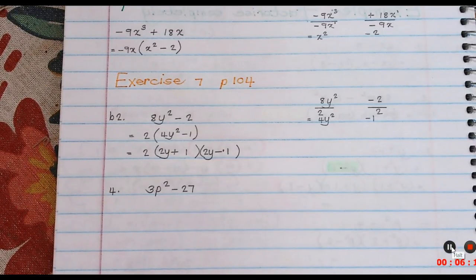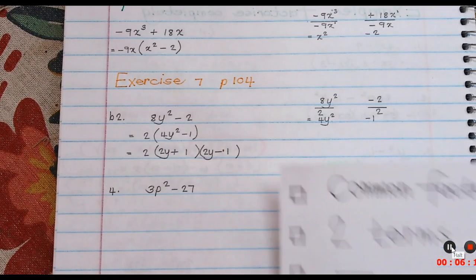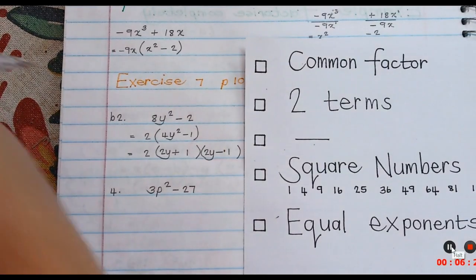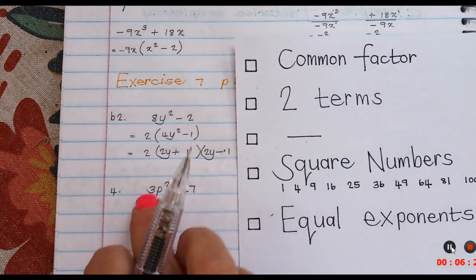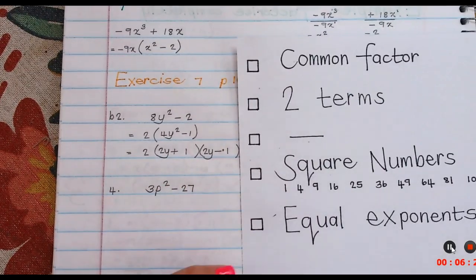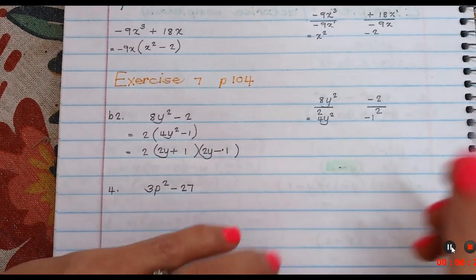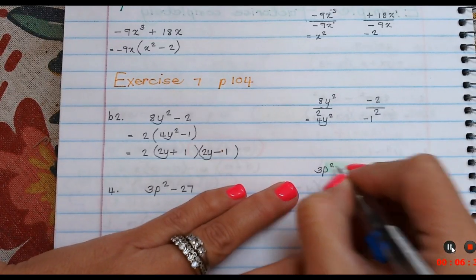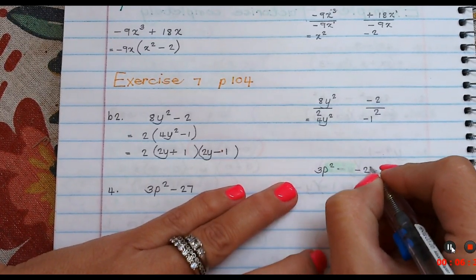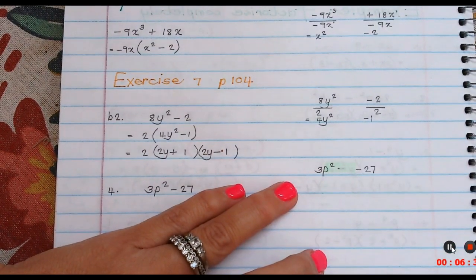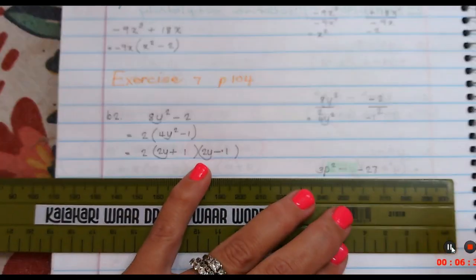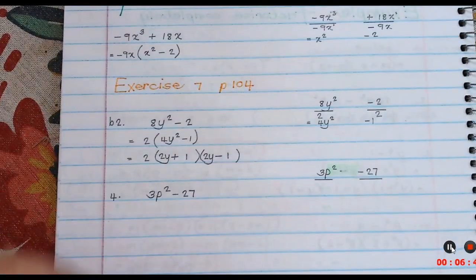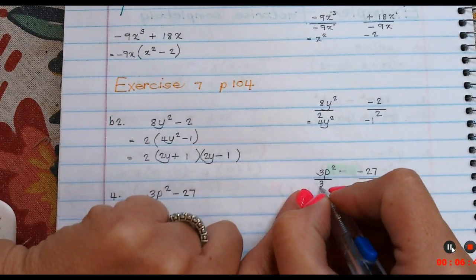So let's go to our check boxes. First things first, common factor. So when I look at 3 and 27, I need to take note that between 3 and 27, I can take a common factor. The highest number that can divide 3 and 27 is 3.